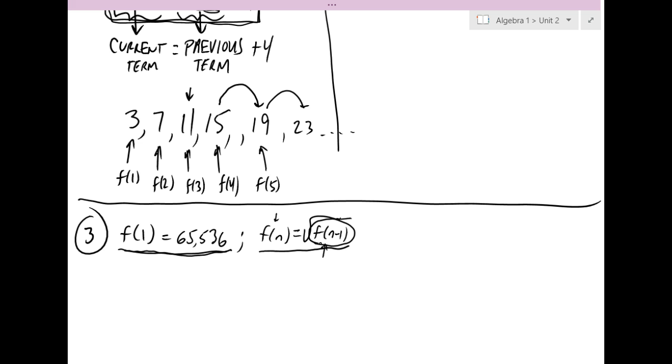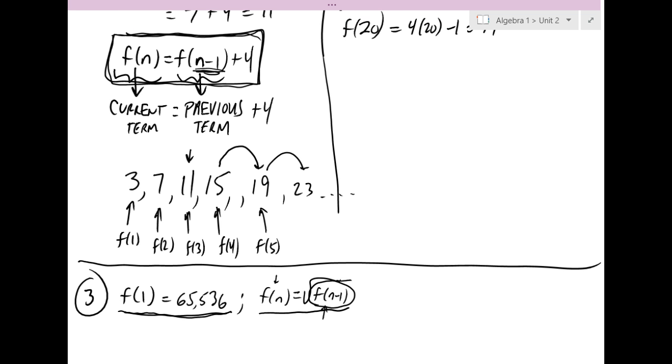What did we say in the previous problem? When we see f of n minus 1, what are the words that describe f of n minus 1? Look in your notes, we just did it. When we converted it into words, if you took good notes, or if you're looking at the screen right now, Cece? Previous term?